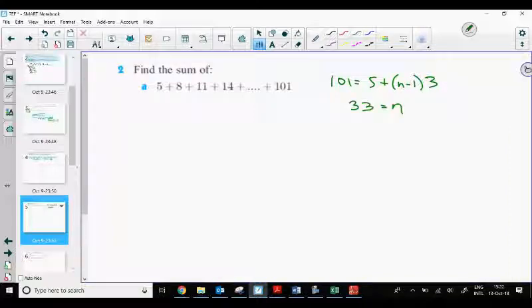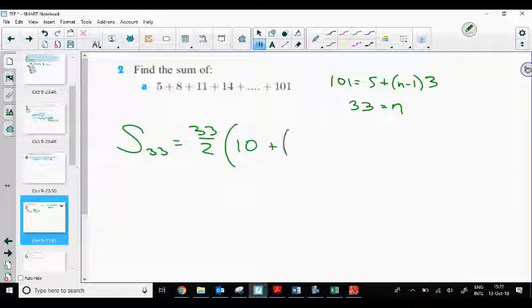And from there, I know that since there's 33 terms, my 33rd partial sum is going to be equal to 33 divided by 2 times the first term, which is 10, plus 33 minus 1, which is 32, times my common difference, which is 3. Solve that, and you've got yourself a sum.